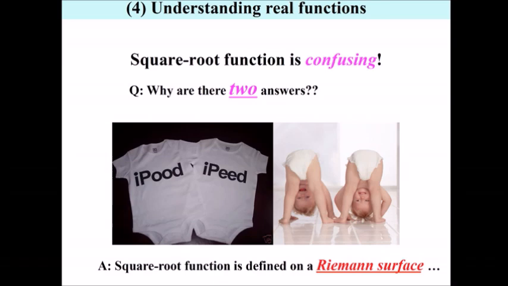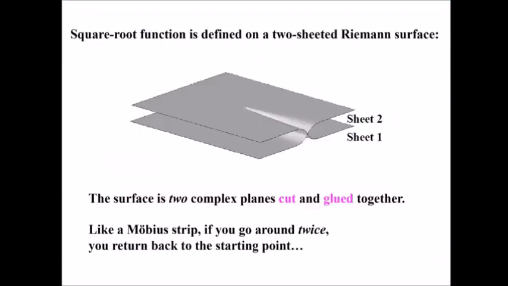Why is this? The reason is that the square root function is defined on a Riemann surface. A Riemann surface is two complex planes glued together, and it looks like this. So there's one complex plane and another complex plane. And what you can see is that this is called the branch point.